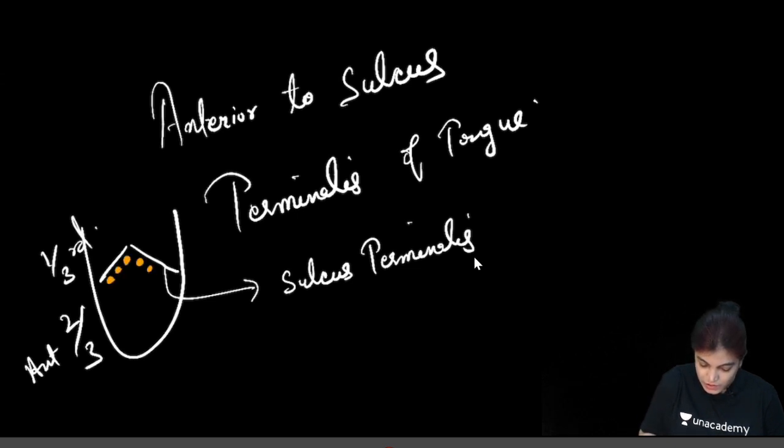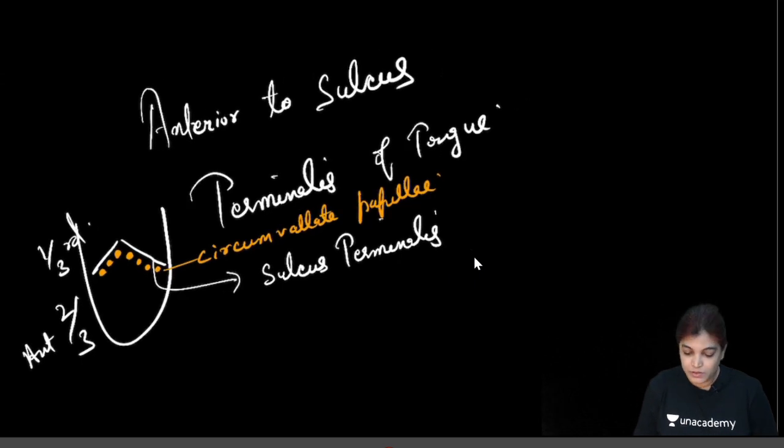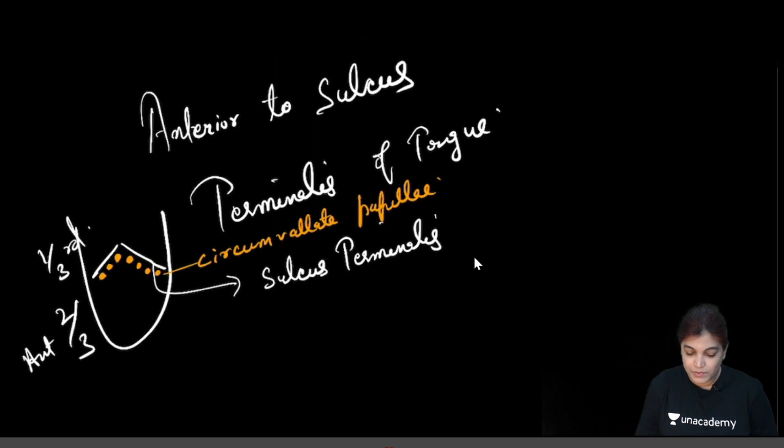The yellow dots which I am making are the location of the circumvallate papillae, and they lie just anterior to the V-shaped sulcus terminalis. So we are done with the first MCQ.